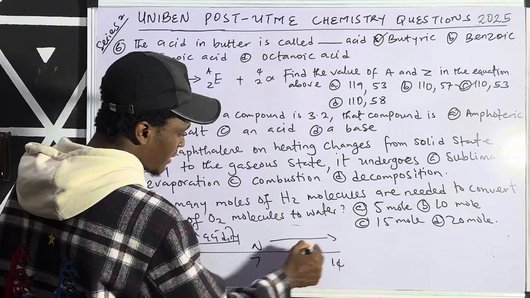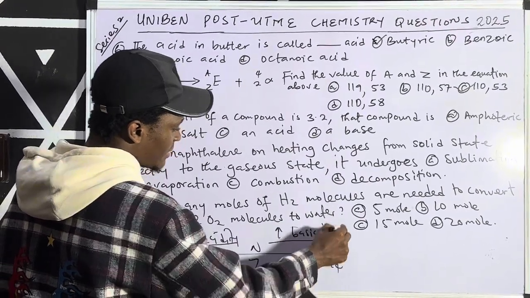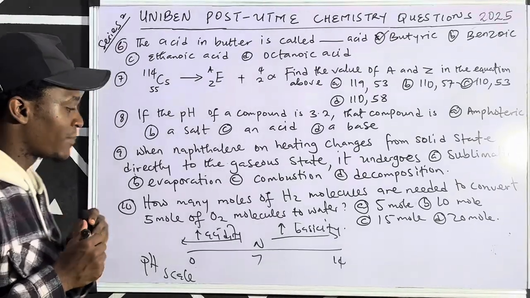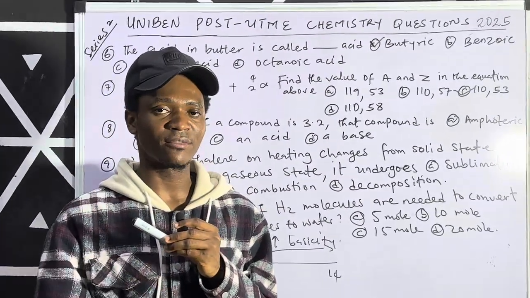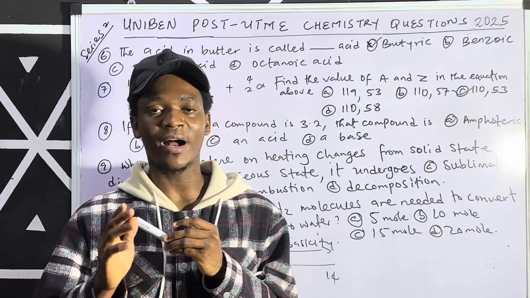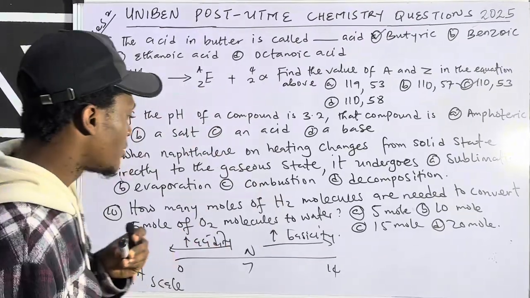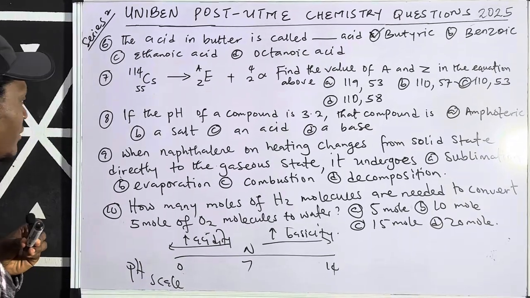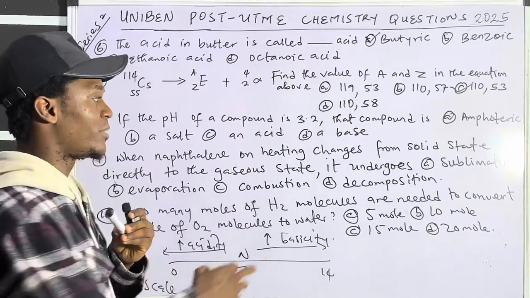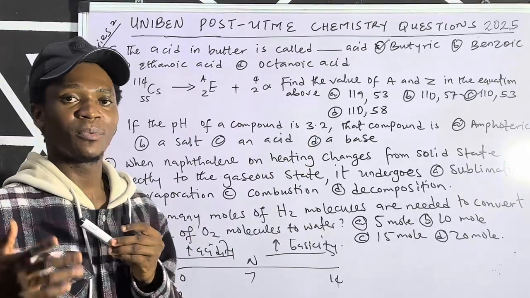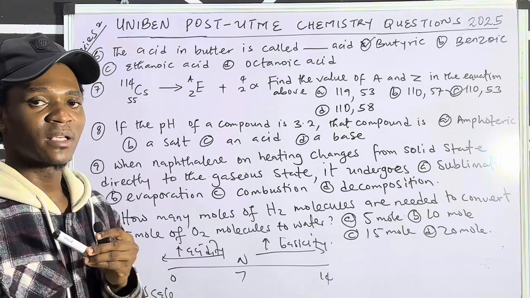Going up, there is an increase in basicity or alkalinity. So acidic solutions have pH values less than 7, and basic or alkaline solutions have pH values greater than 7. The compound has a pH of 3.2, which is below 7, so the compound should be acidic.